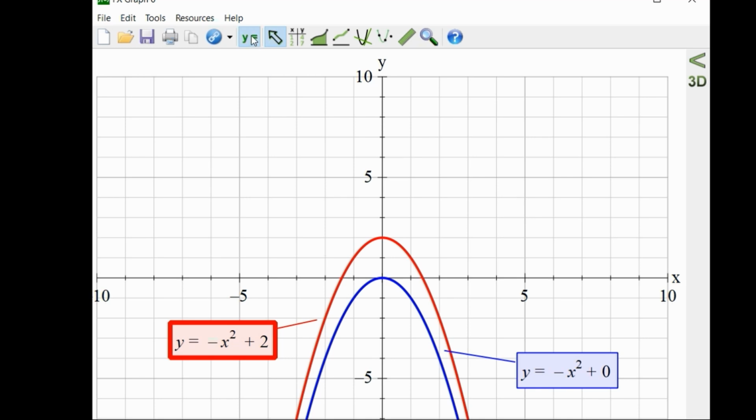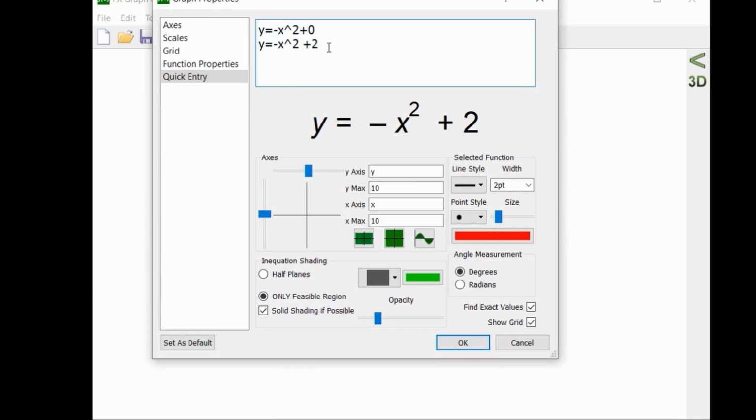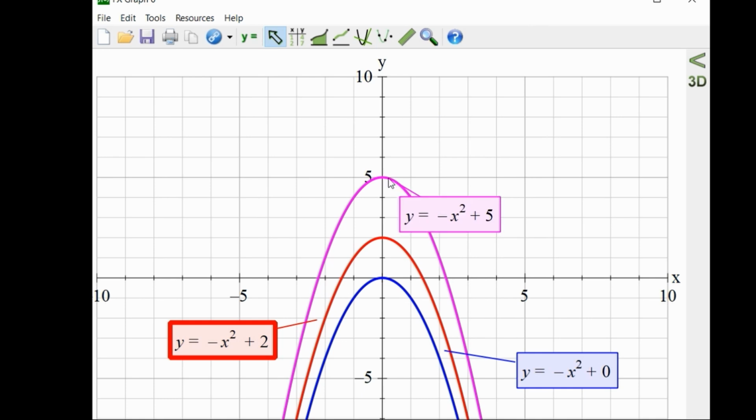And if I put in here y equals negative x squared, so it opens downwards, plus 5. Now that means we would expect the graph to cut the y-axis at y is equal to 5. And let's have a look. And indeed it does. X first, y second.